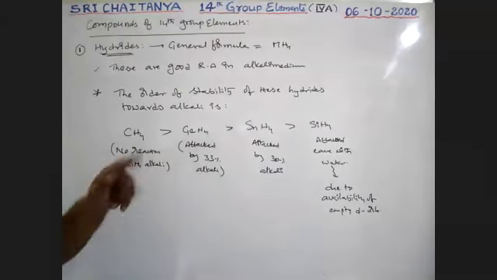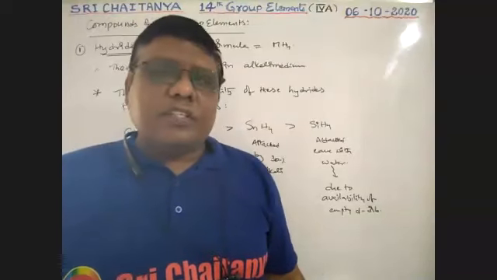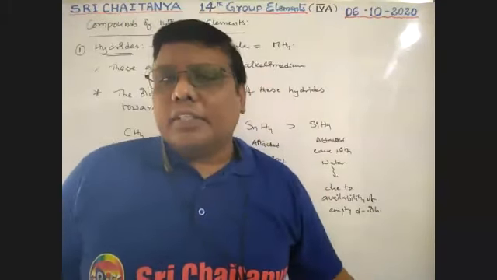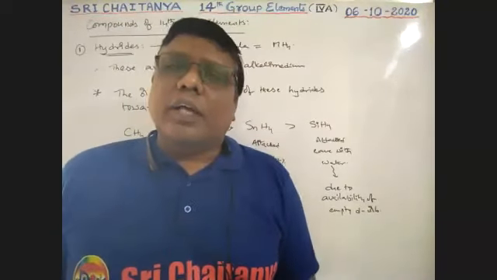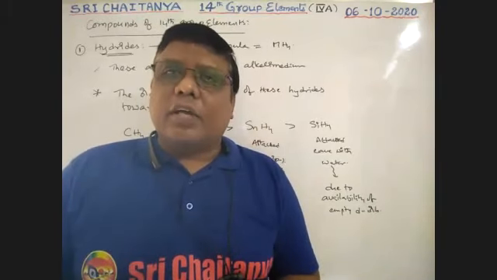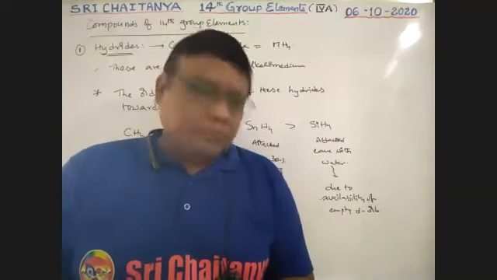So this is the order of stability of these hydrides. Very, very important reaction with alkalis. Almost methane no reaction with water and also NaOH. So this is about hydrides.